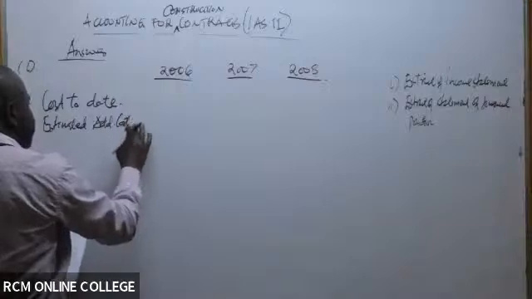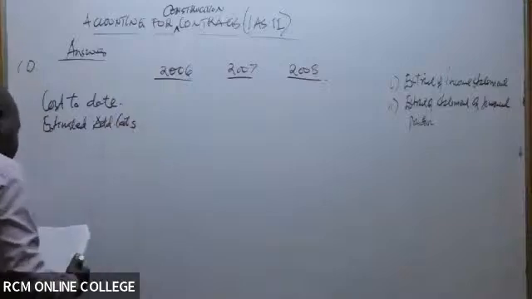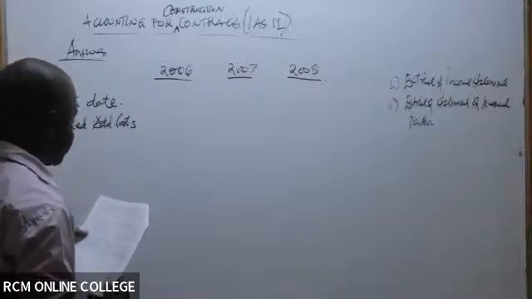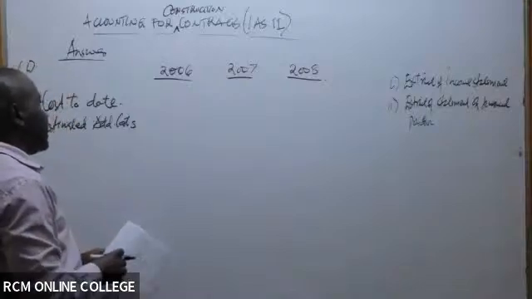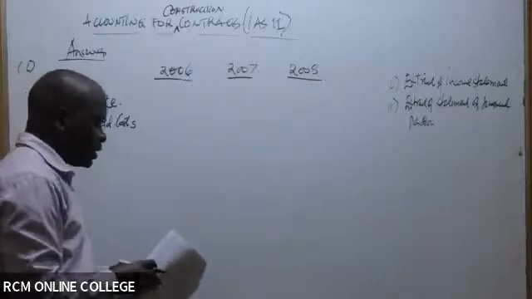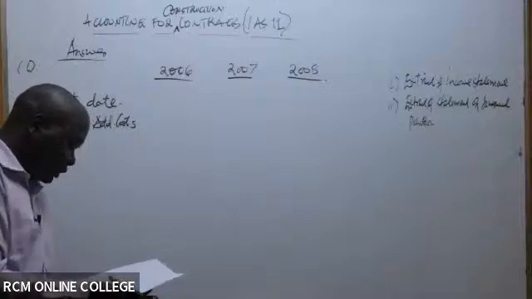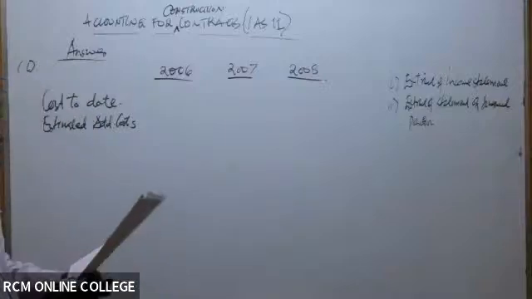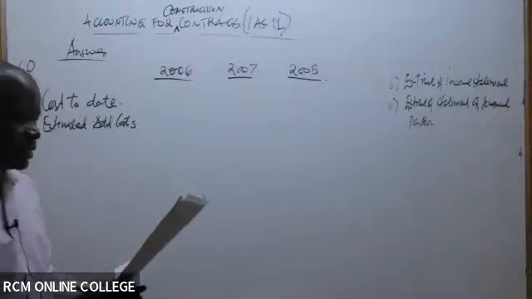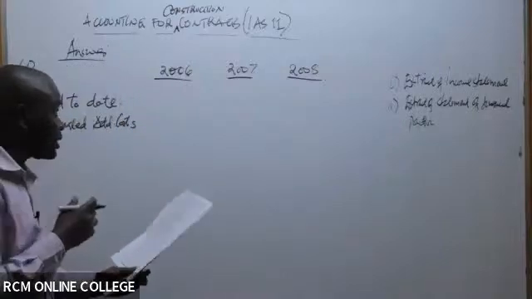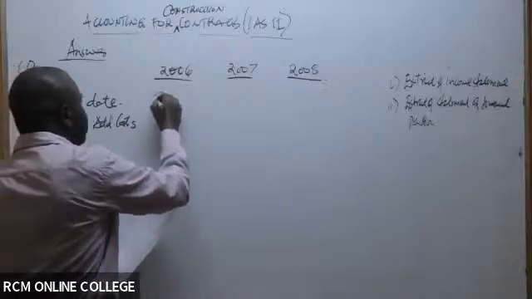For example, you have to estimate how much further cost is still needed to complete the project. So if you look at our question, you are told for the year 2006 from the table, the cost incurred in the year 2006 was 20 million.